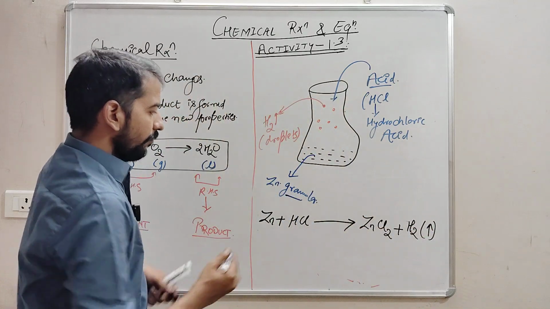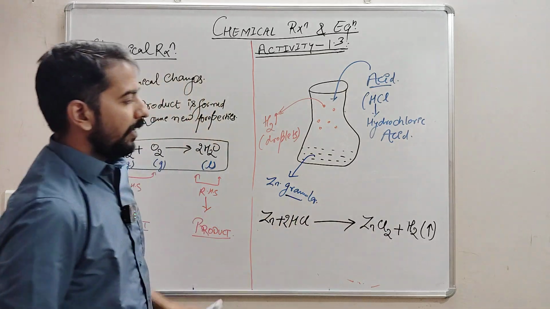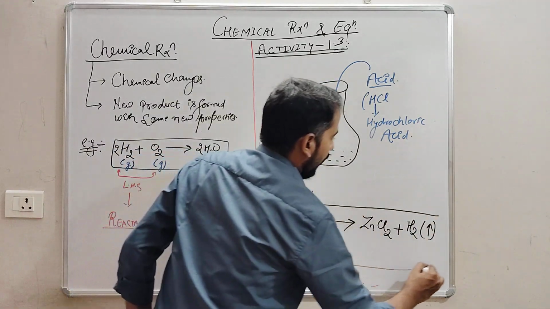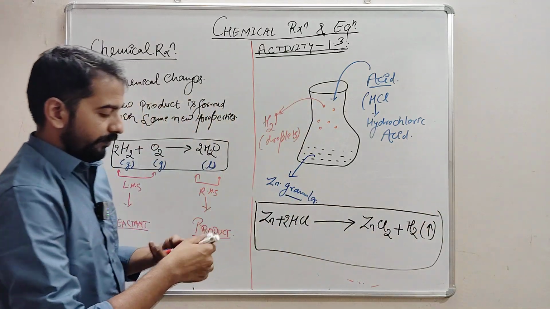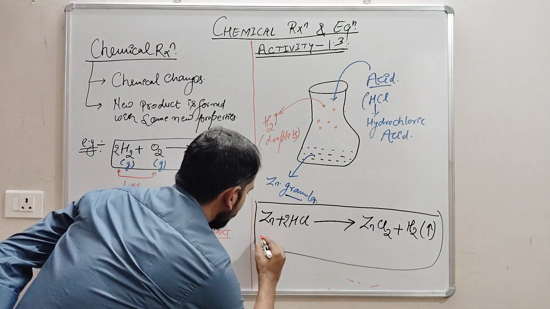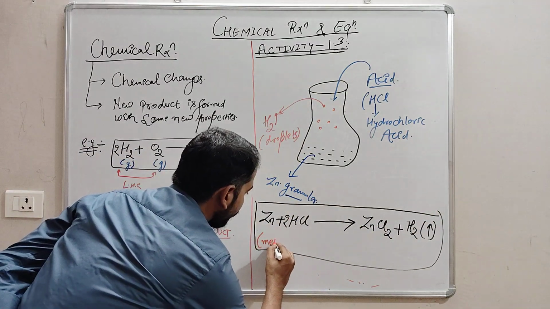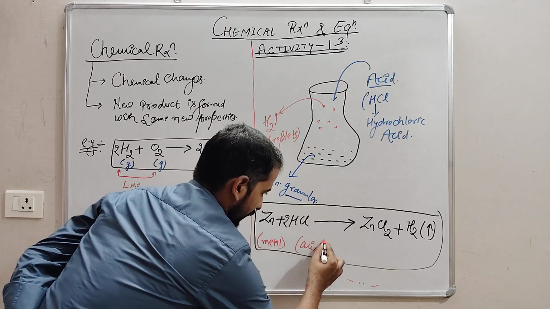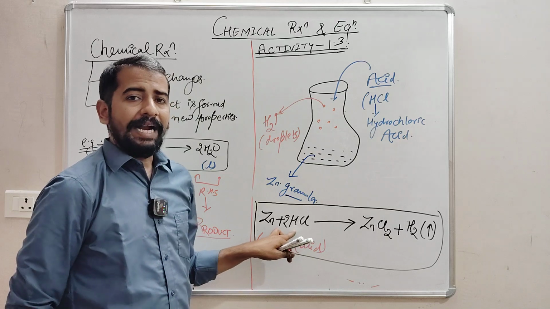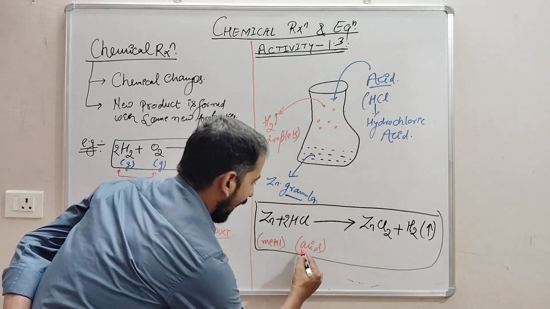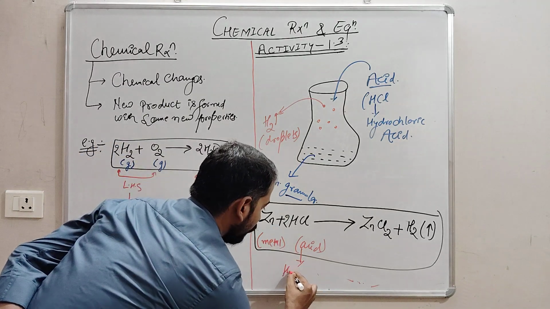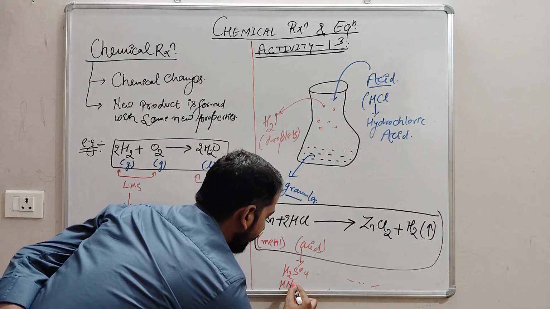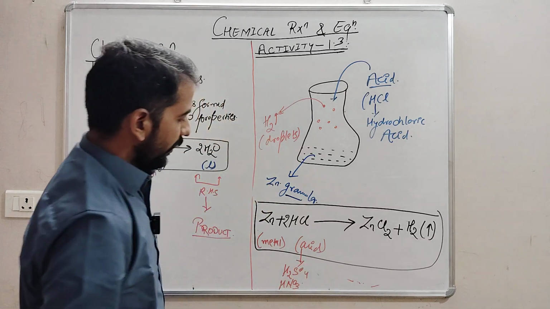ओके, ठीक. तो याद रख लीजिए, कभी भी अगर मेटल में क्या, suppose this one is metal, this one is acid. Okay, here they are taking hydrochloric acid, but you can take either H2SO4, sulfuric acid, nitric acid, ठीक है.